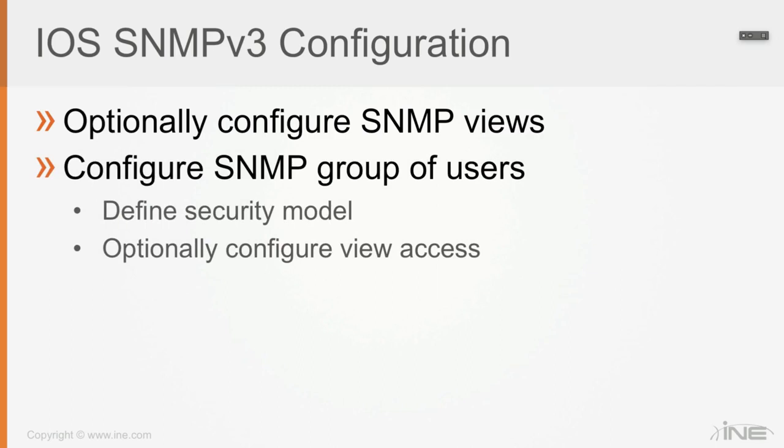Then what's mandatory, you configure what is called an SNMP group of users, because at the group level we define the security model and we optionally configure view access. So we first configure a group of users which can manage this device, and at the group level we define the security model and then the view access for this group of users.